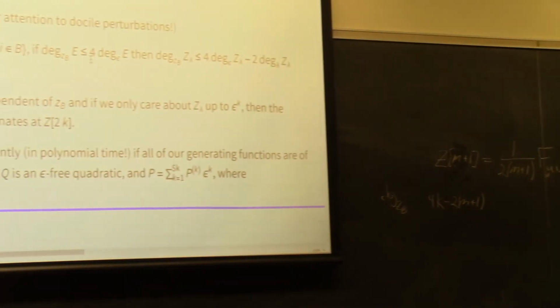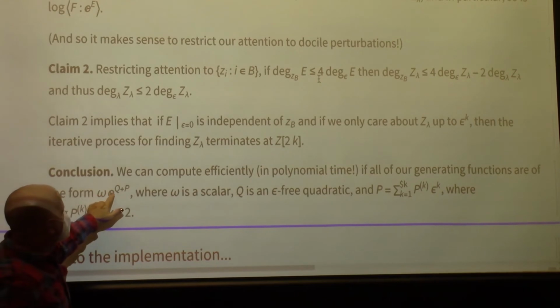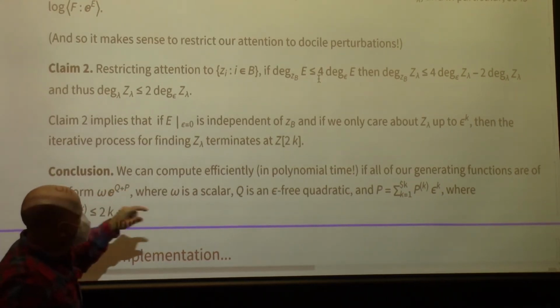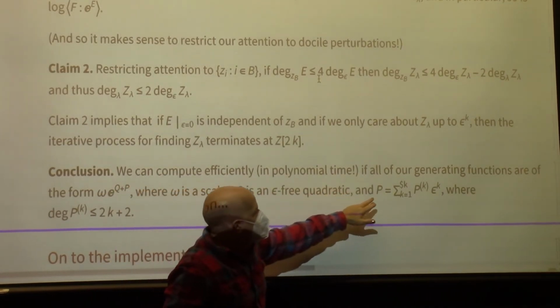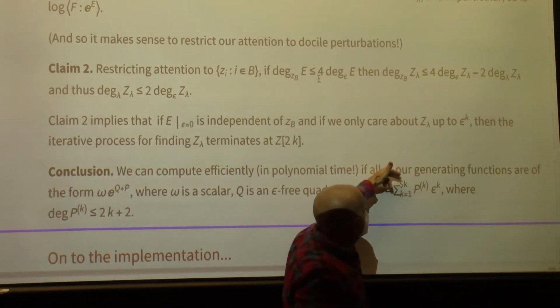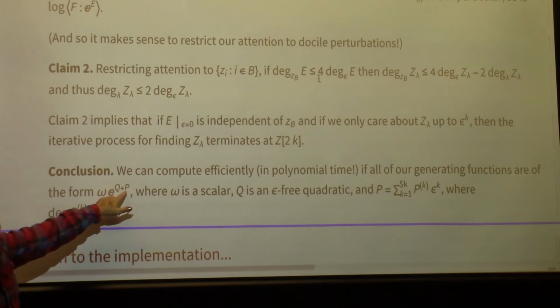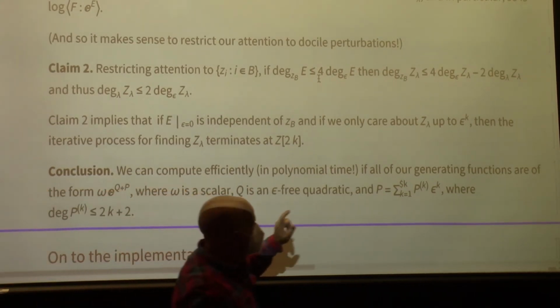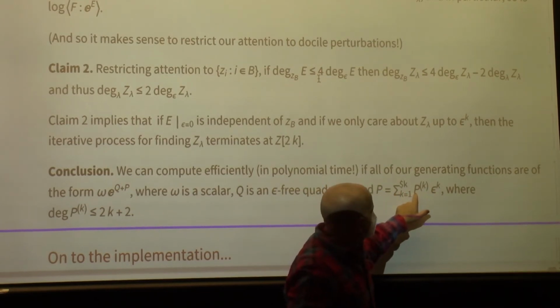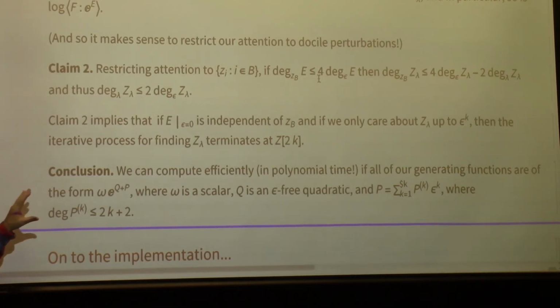So the overall moral is that if all of our generating functions are of the form a scalar times the exponential of a quadratic plus a perturbation, so the quadratic is independent of epsilon, and the perturbation is a power series in epsilon which starts at k equals 1, and I artificially crop it at some finite degree, and also assume that this is a docile power series, so the degree of pk is less than 2k plus 2, then all computations, so the composition of two such things, are finite, and in fact can be done in polynomial time.